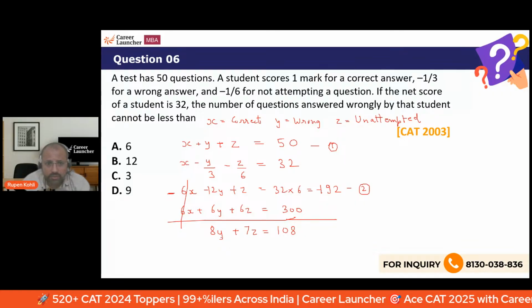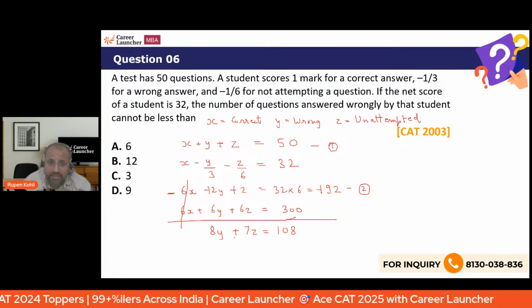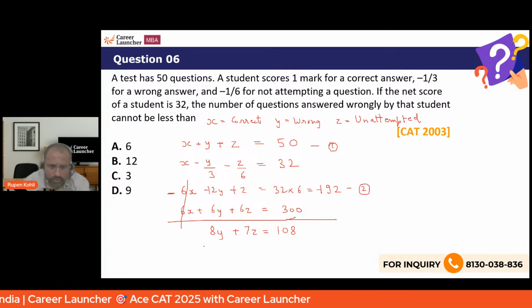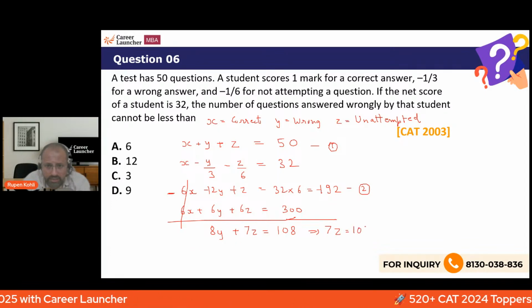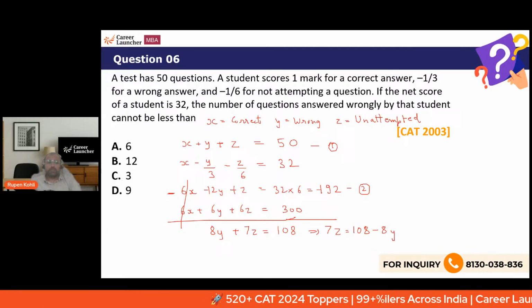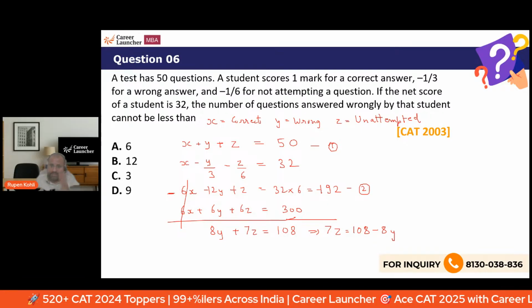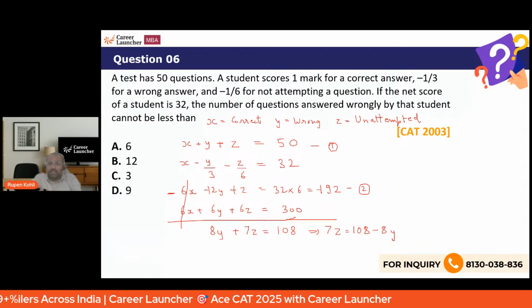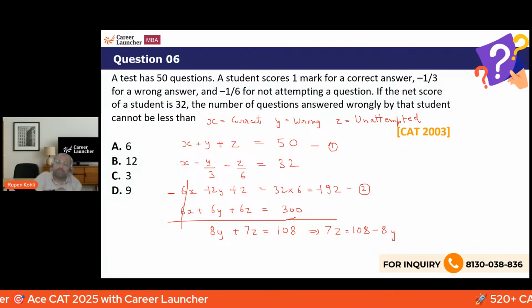And therefore, you're looking for the minimum integer value of y which satisfies this equation and gives us the integer value of z also. So 7z needs to equal 108 minus 8y. Means from 108, you're subtracting a certain multiple of 8 such that you land on a multiple of 7. Do you appreciate now that your y can't be 0, because 108 is not a multiple of 7, right?